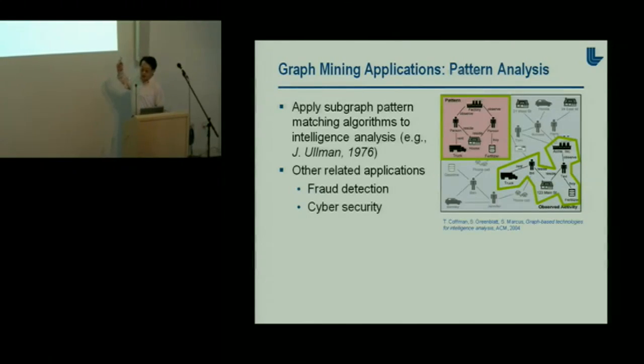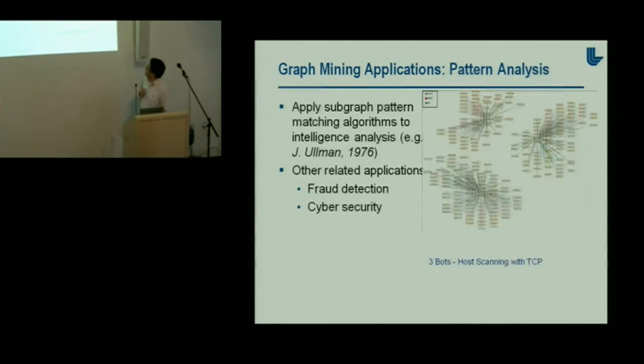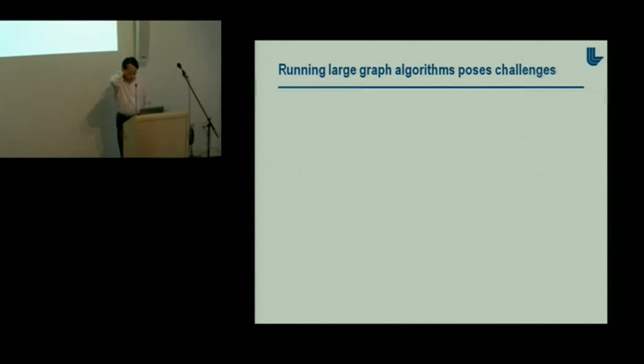If you find patterns that match this kind of instance, then you may want to notify law enforcement agents. The same kind of technique can also be used to detect fraud and to detect scanning in cybersecurity areas, for intrusion detection, like this bot scanning. So the problem with running large graph algorithms is that the graphs are usually very big.